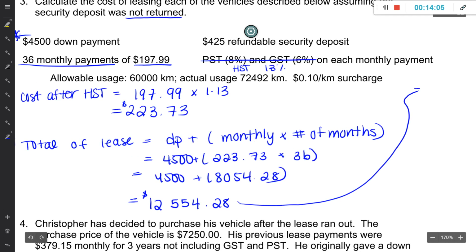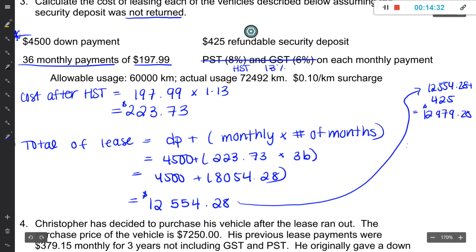And since this person did not get the security deposit back, we got to add that in. So we're going to do 12,554.28 plus whatever the security deposit was, 425. Plug that into your calculator. Equals 12,979.28.